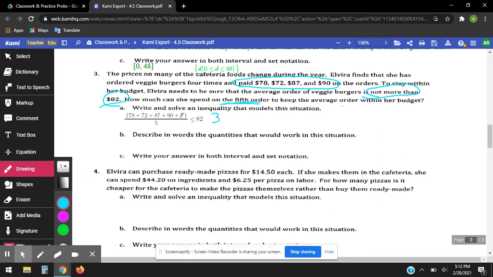So we have 328 plus F divided by 5 is less than or equal to 82. And now to get rid of my divide by 5, I need to times both sides by 5. That leaves me with 328. Let me double check my typing here. 78 plus 72 plus 87 plus 90. Oh, 327.